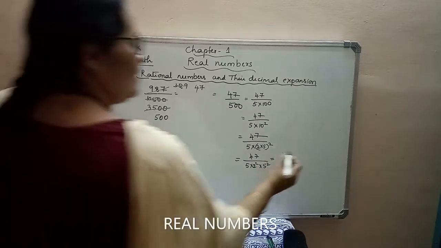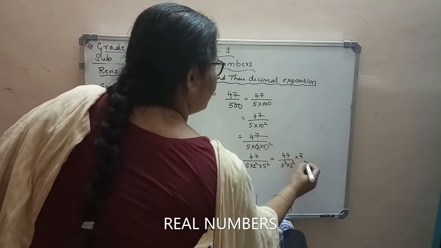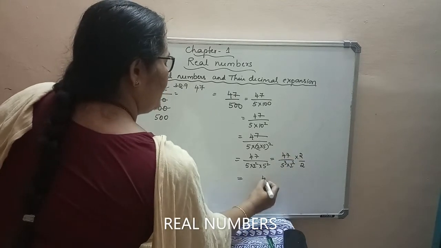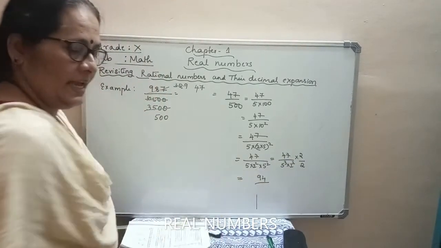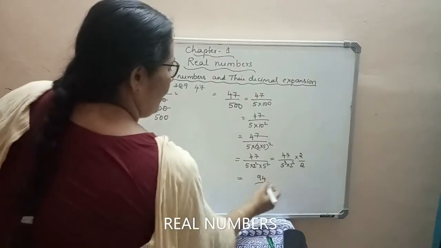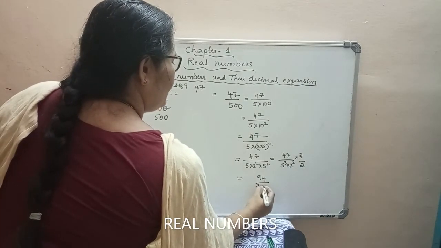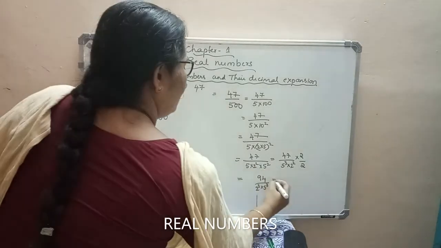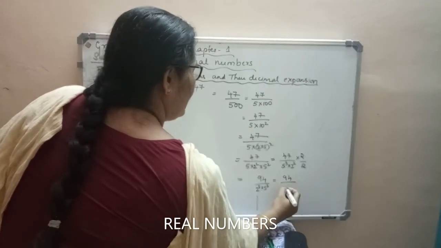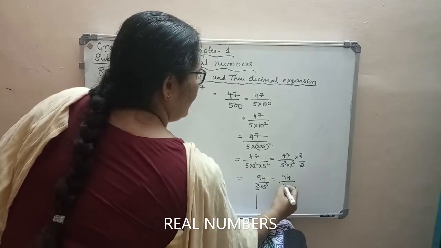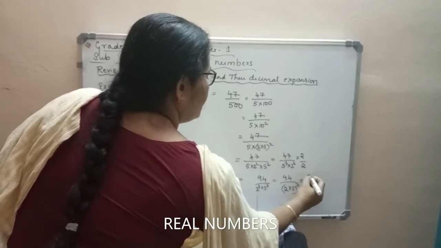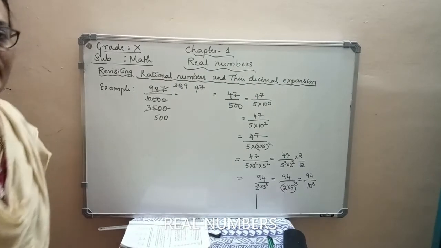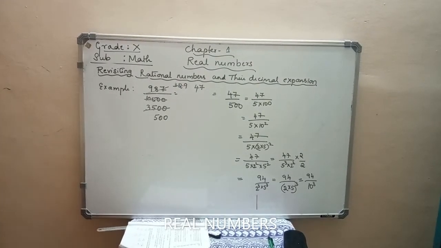Now multiply both sides by 2. You will get 47 times 2 is 94, divided by 2 cube into 5 cube, which is nothing but 94 by 2 into 5 whole cube. It is 94 by 10 cube. 10 cube means how many decimal places? 3 decimal places.